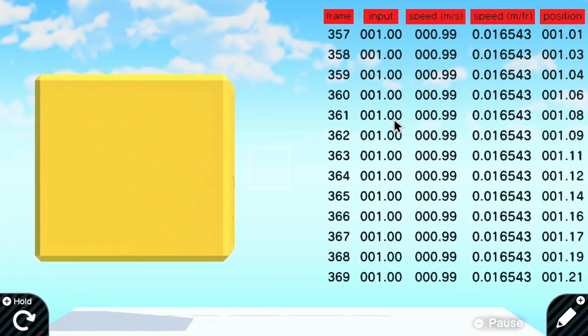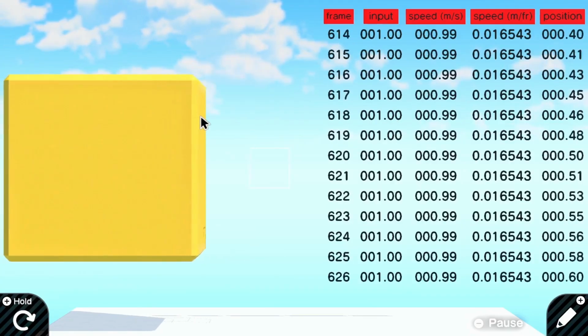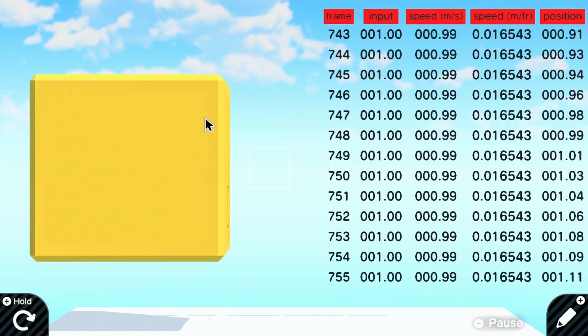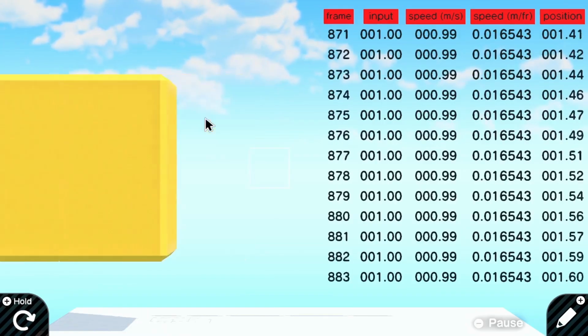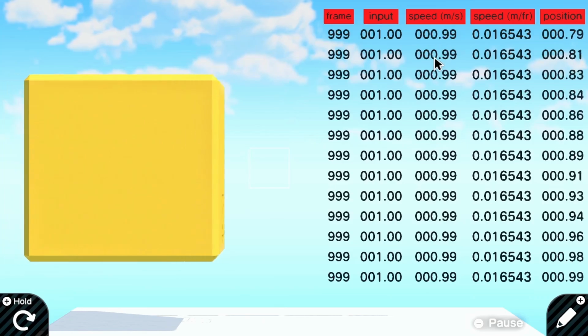But now, since we have a bigger mass attached to the object, that small amount of force is not enough to push this object towards 1 meter per second.